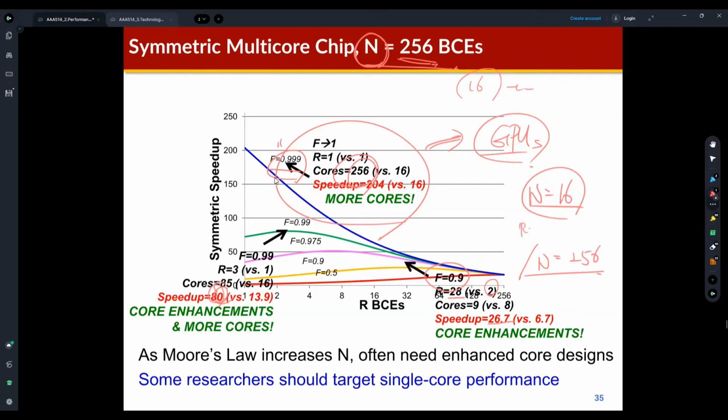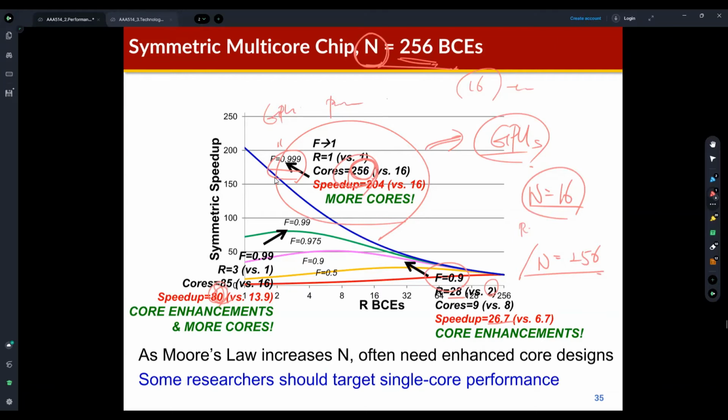So if the workload applied to the GPU is mostly parallelizable, then it's good to apply a large number of very wimpy cores. That's why the GPU is good for parallel applications.